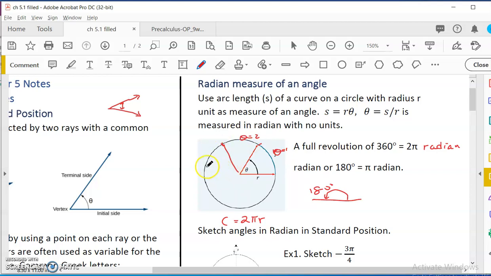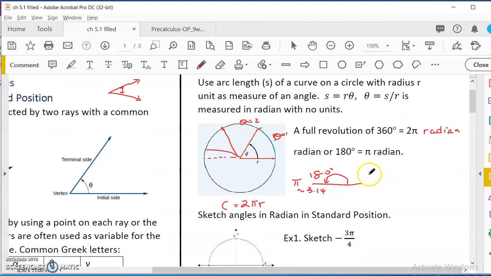Theta equal to 3 is about here, and exactly at 180 is 3.14, which is pi. So 180 degrees is pi radians, roughly 3.14. If you have a circle of radius r and you walk 1 time, 2 times, 3 times, 3.14 times, that is about 180 degrees.